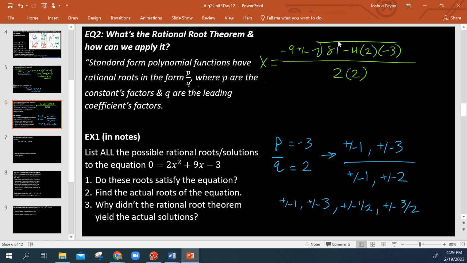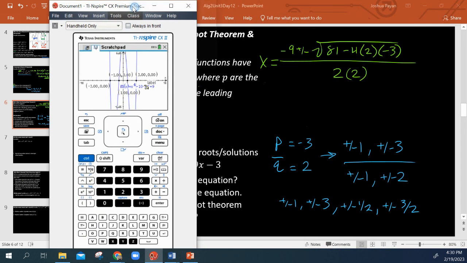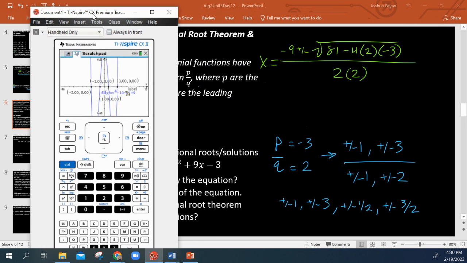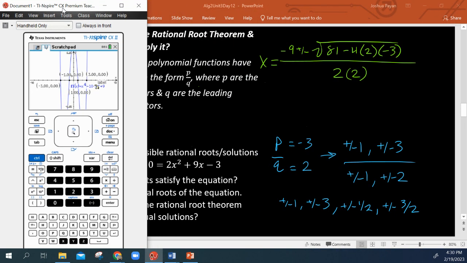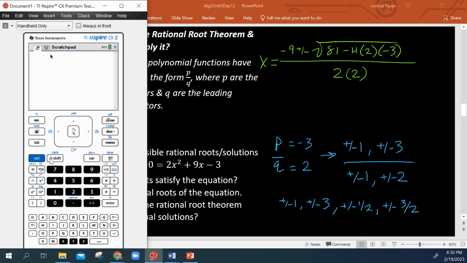Okay, so -4 times 2, and I'll tell you what, just to save time, let's just check this in the calculator. So yeah, you can still see it was saved from what I had previously. Okay, so I'm going to go ahead and go to calculate. I am going to hit Control Divide, and I've got, let's see, -9.